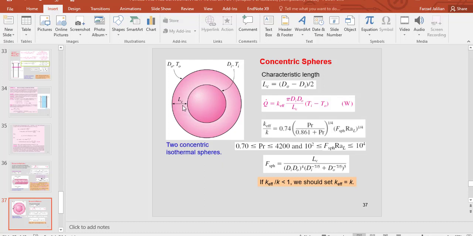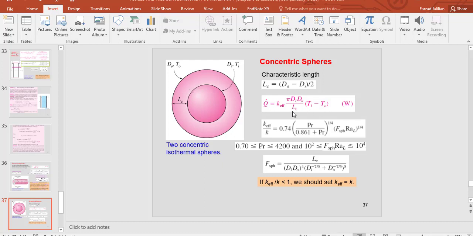Then also we have a fluid between them. We are interested to know how much is the natural convection heat transfer between these two surfaces and that medium or liquid or the fluid between them.